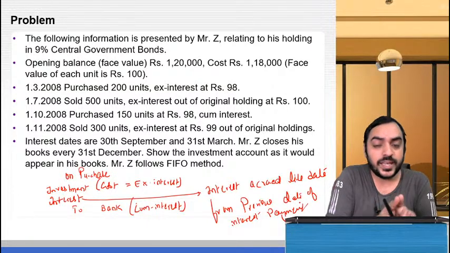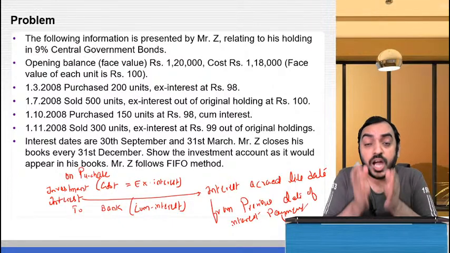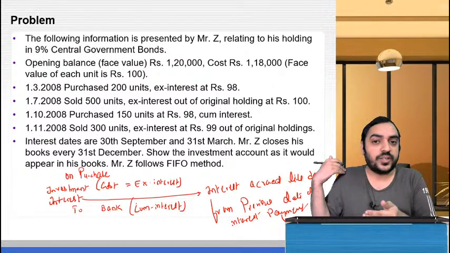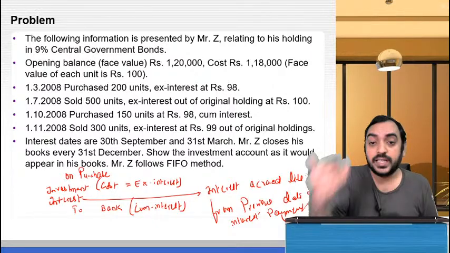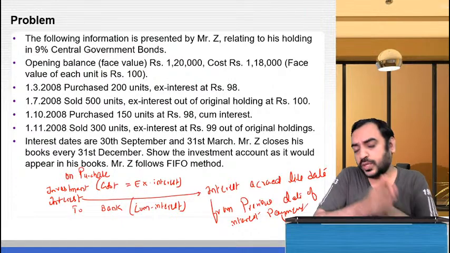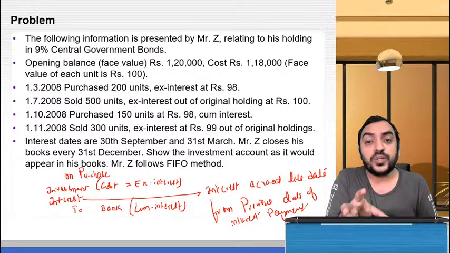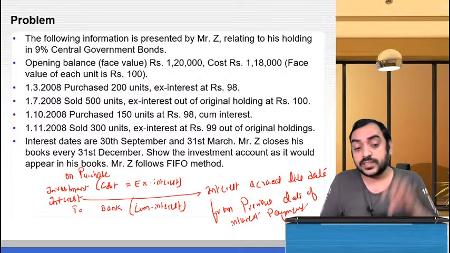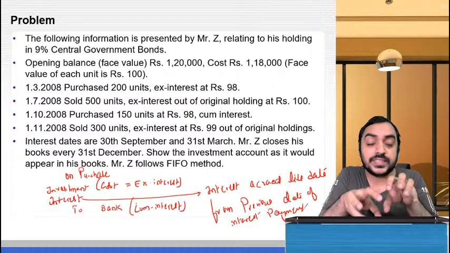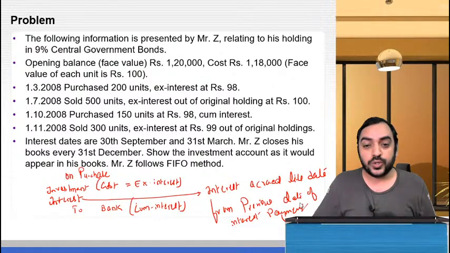So every time you buy or sell, you have to compute interest accrued from the date of the interest payment till the date on which the transaction takes place. On purchase also you should calculate, on sale also you calculate. The amount attributable purely towards cost is called ex-interest, and this interest amount plus ex-interest is what you are going to pay. I hope you are conceptually clear till here.